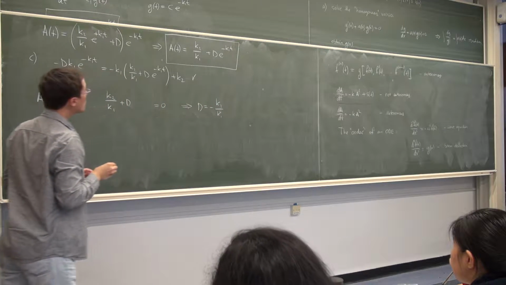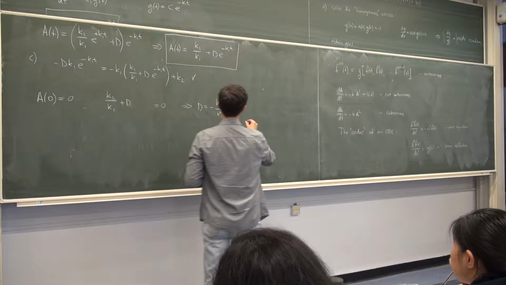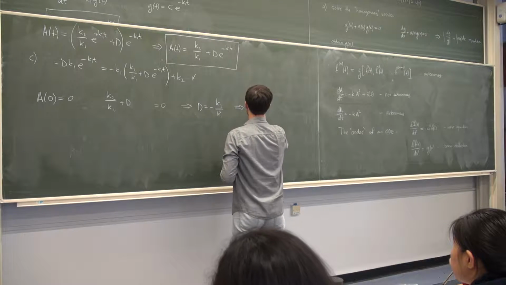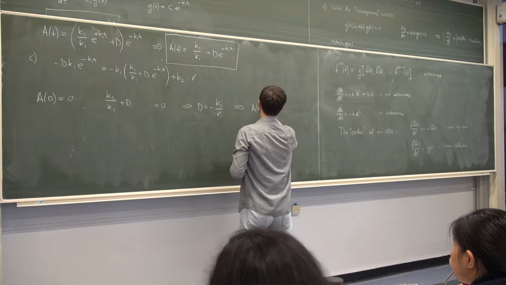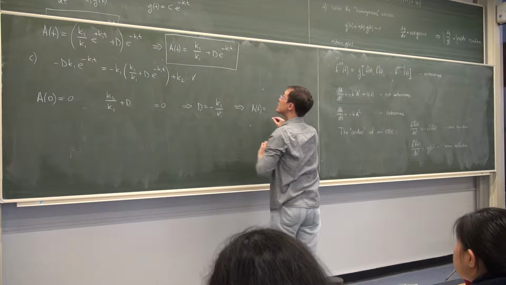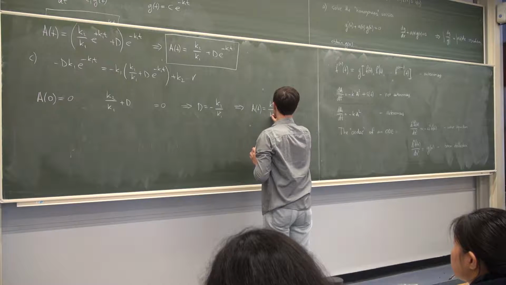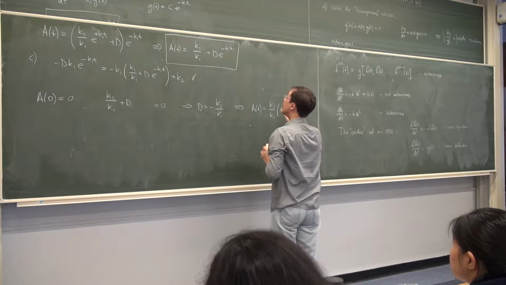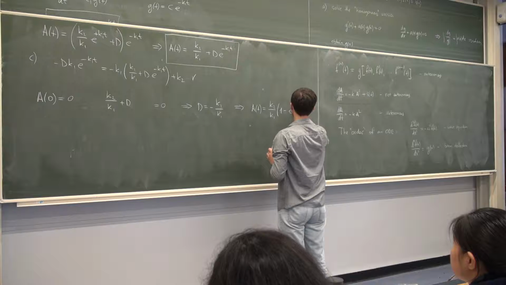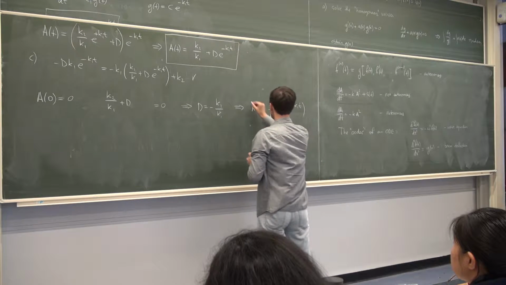And so the particular solution in our case will be as follows. We will have A of t will be, D can be taken out of the bracket, so K2 over K1, 1 minus e to the minus K1 t.